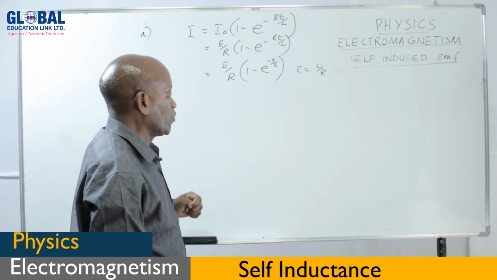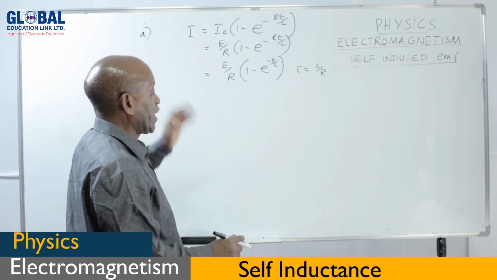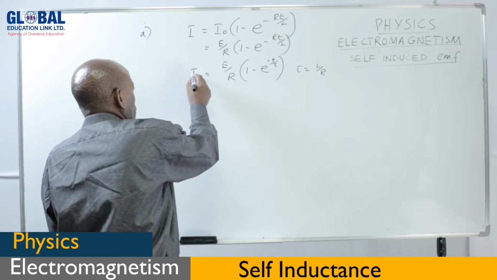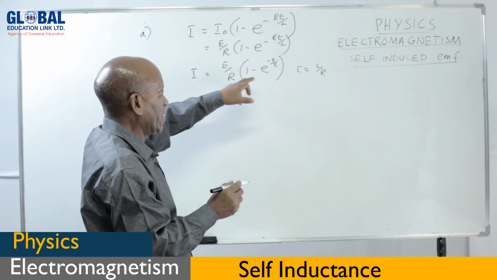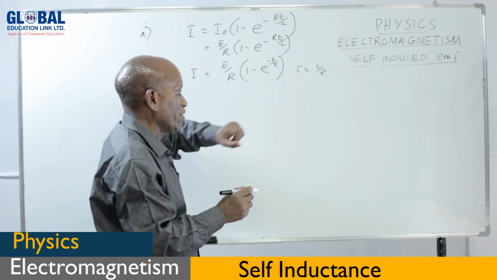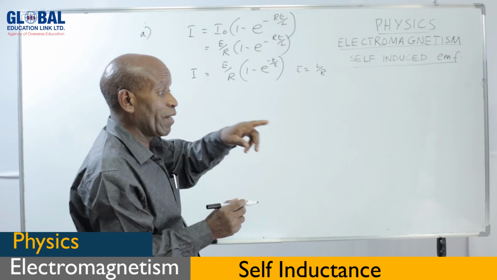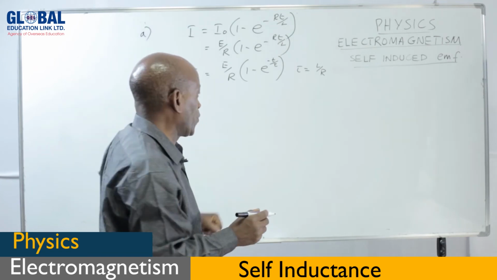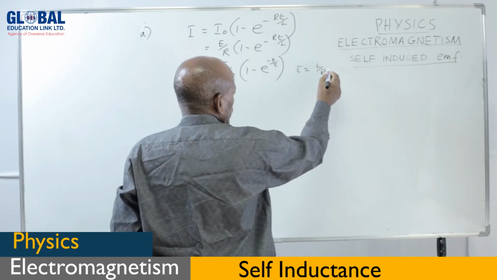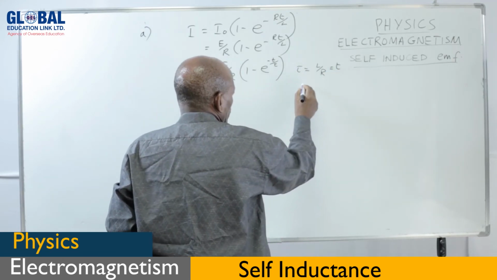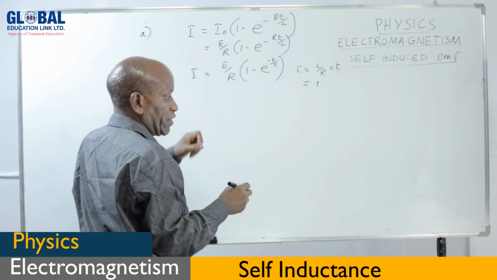At the first step, we need to determine the current I. To determine the current I, we need the values of E, R, and the inductive time constant. We have been given that it is equal to 1 inductive time constant, so t over tau is equal to 1.